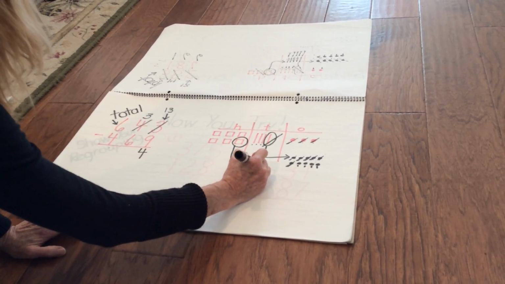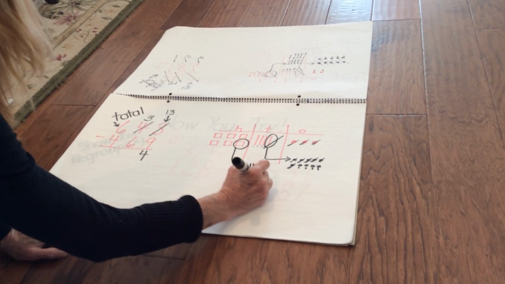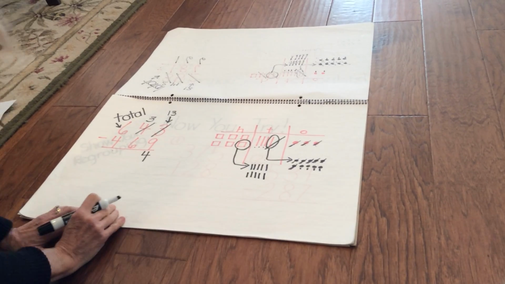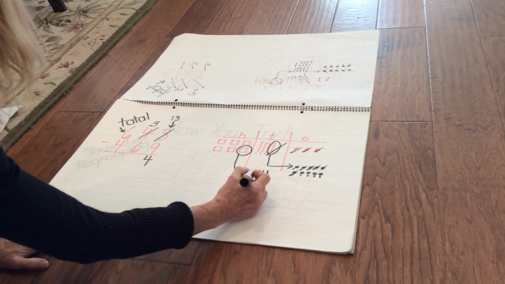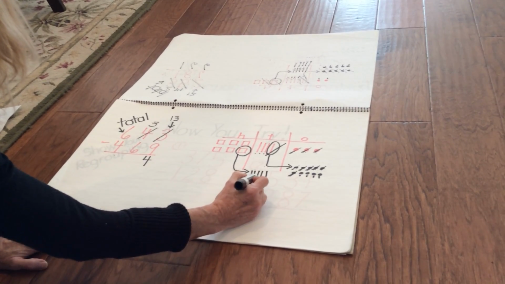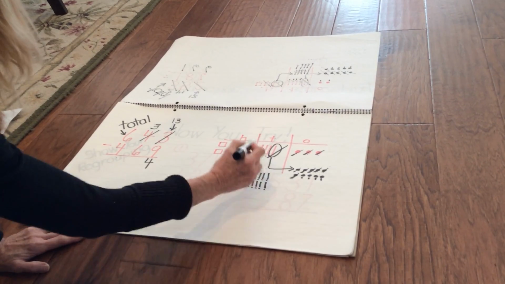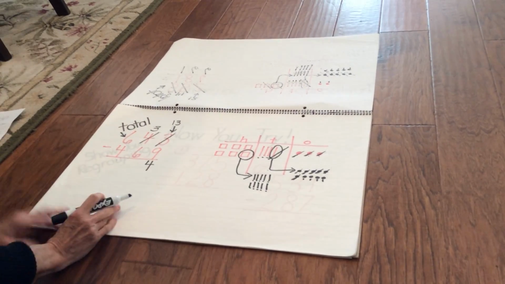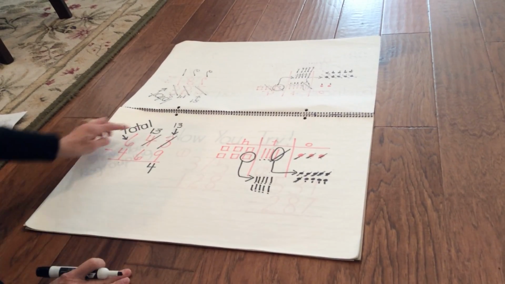So now I'm going to write 10 tens in my tens place. And I'm going to add it to my 3 tens. And the total I have is 1, 2, 3, 4, 5, 6, 7, 8, 9, 10, 11, 12, 13. I now have 13 tens.